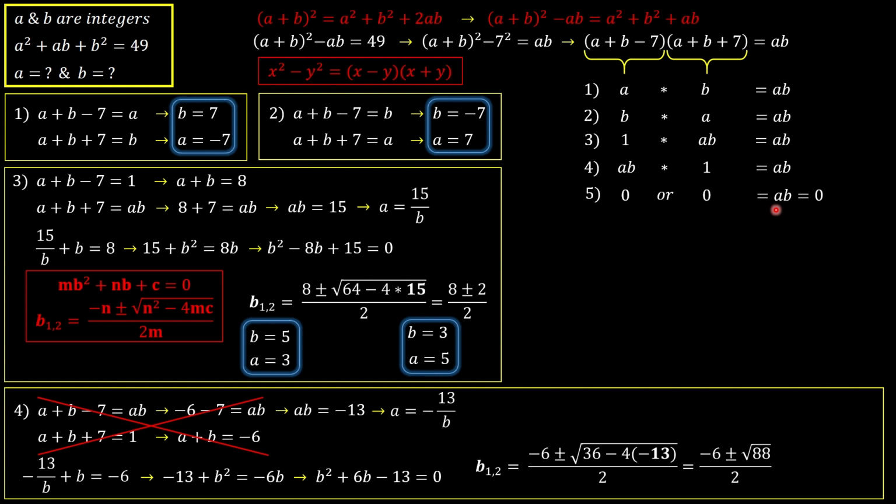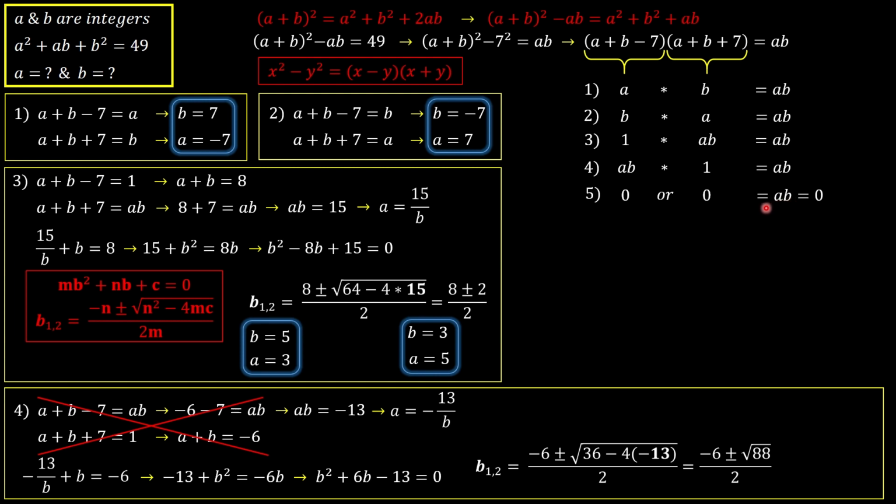In this case, it is either a equals 0 or b equals 0. Both of them cannot be 0, because if we look at our equation, if both of them are 0, then we cannot get 49, because the entire left side will be 0. So the solution should be either a is 0 or b is 0.